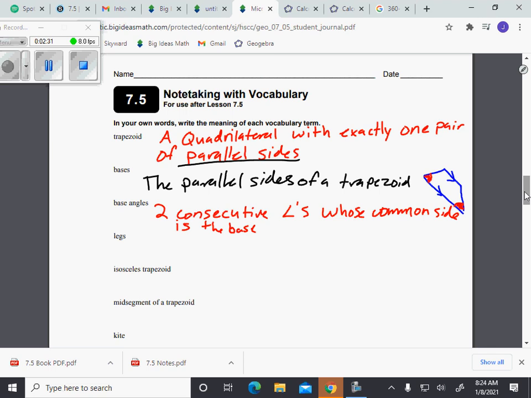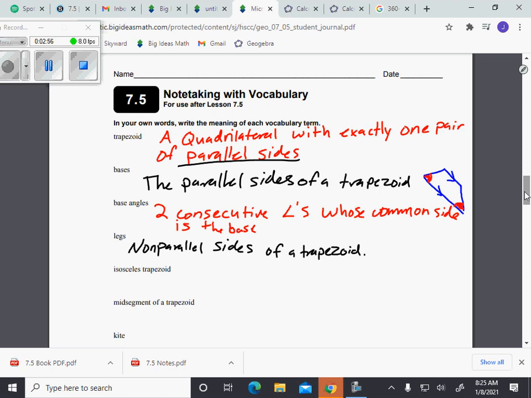The legs are the non-parallel sides of a trapezoid. An isosceles trapezoid, that's what we're going to be focusing on today.